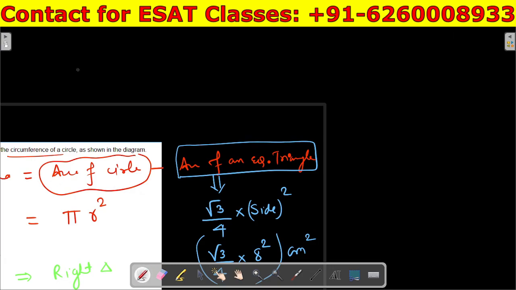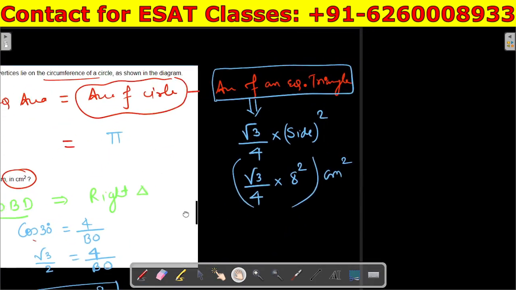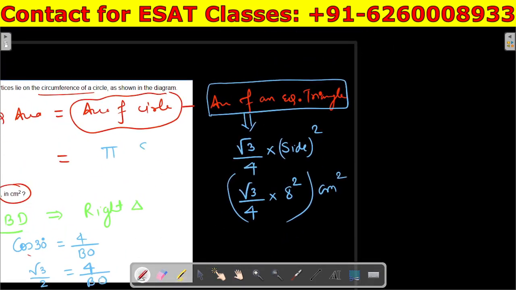So let us find the area of the circle. In place of pi r square, now I will put pi, and r is 8 upon root 3. So we apply 8 upon root 3 whole square. So it should be 64 upon 3, right? And we have to subtract them.